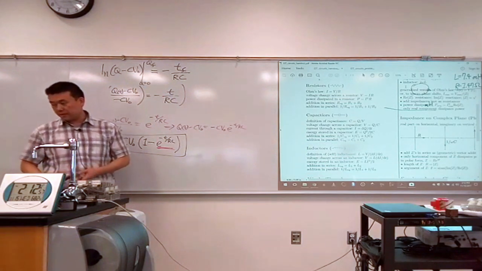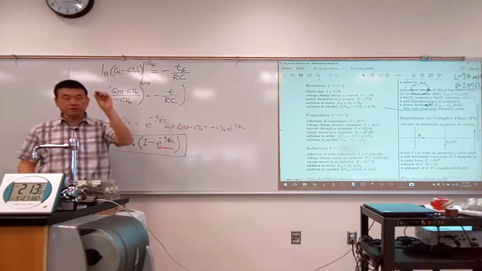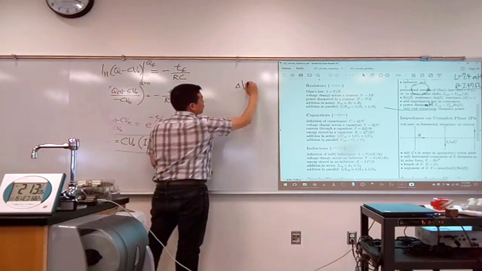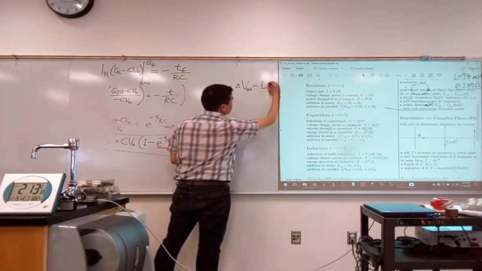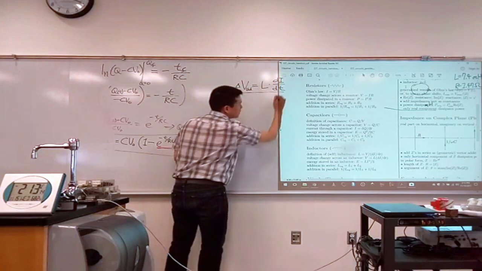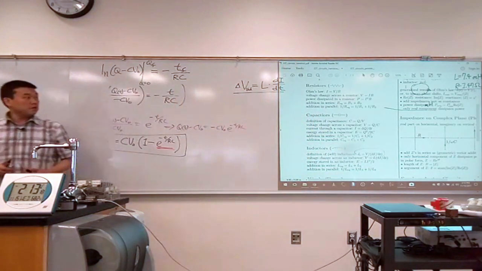The equation I consider when I try to understand the qualitative behavior of an inductor is this: the voltage across the inductor is equal to the inductance L times di/dt. I'm just taking the same expression here and solving it for v.